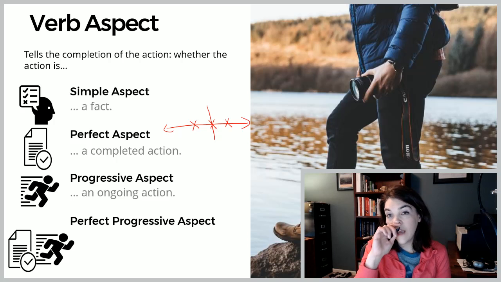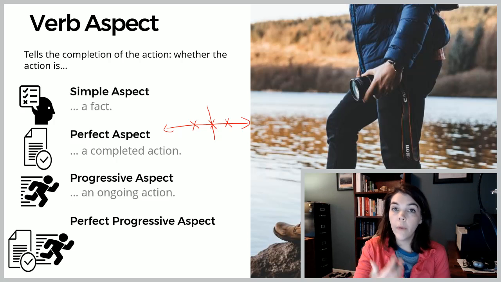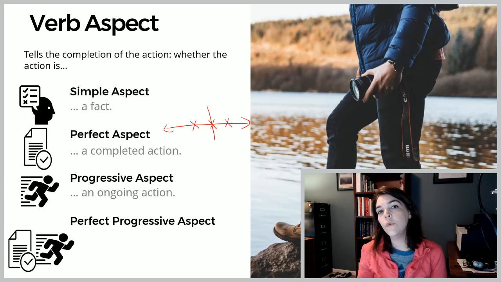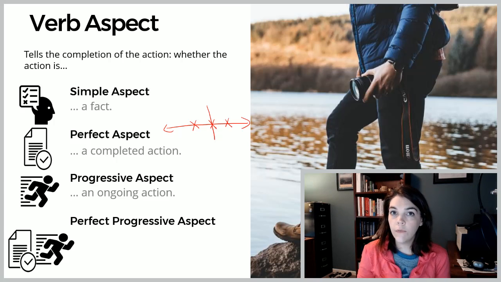Progressive aspect has a sense of ongoingness, that it's continuing. Or if it happened in the past and it's over, when we use the progressive, it gives us that sense of duration, of the action being in movement in the past or in movement in the future. That's what's different.